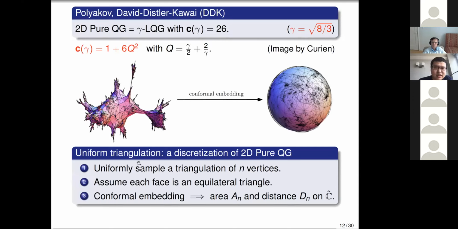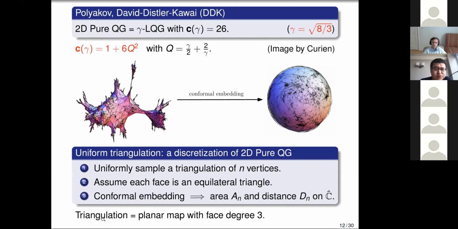Here we consider a uniform sample of a triangulation with n vertices, and this can be thought of as a discrete version of this 2D pure quantum gravity, because pure quantum gravity just means uniform random geometry. We assume every face is an equilateral triangle so that this is a Riemannian manifold. Then we can recall the uniformization theorem and use conformal embedding to embed it into the unit sphere. And this conformal embedding will naturally push forward a random measure and a random distance function on this sphere.